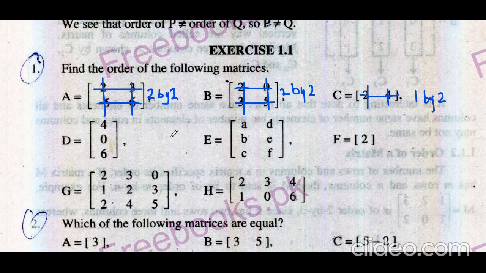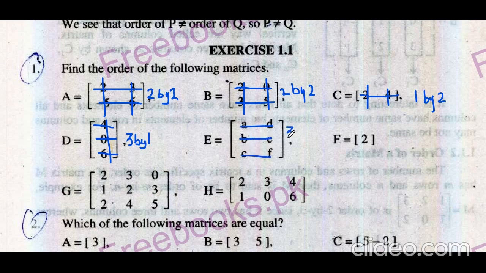What is the order of matrix D? How many rows are there? 1, 2, 3. 3 rows by columns. How many columns are there? Only 1 column. So the order of matrix D is 3 by 1. What is the order of matrix E? 1, 2, 3.